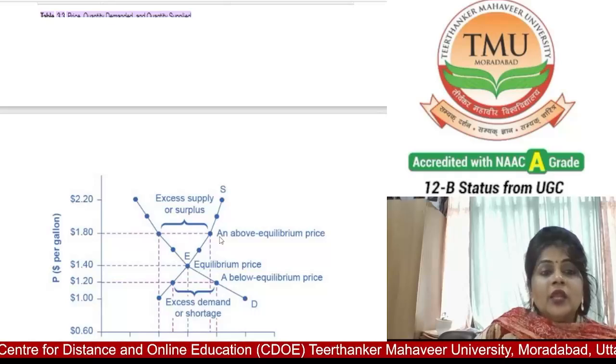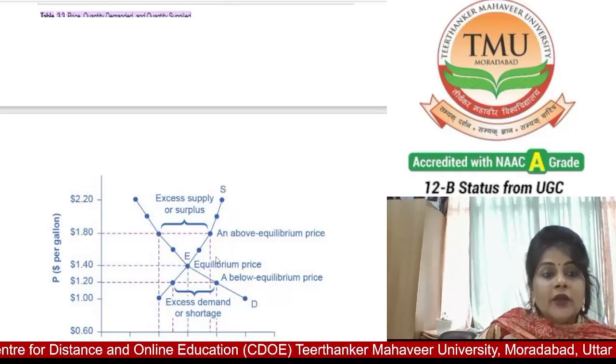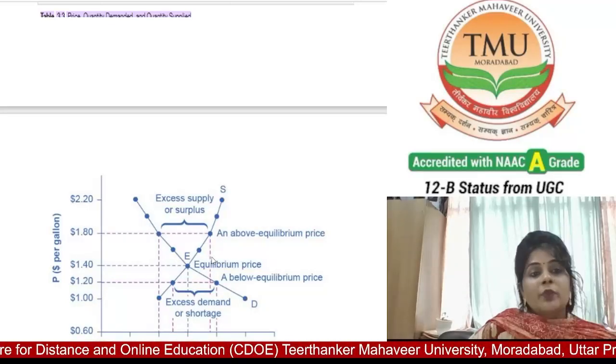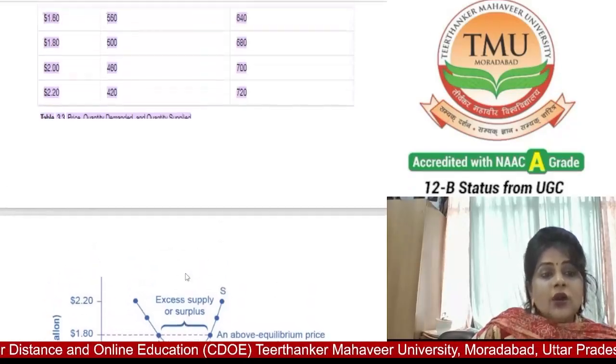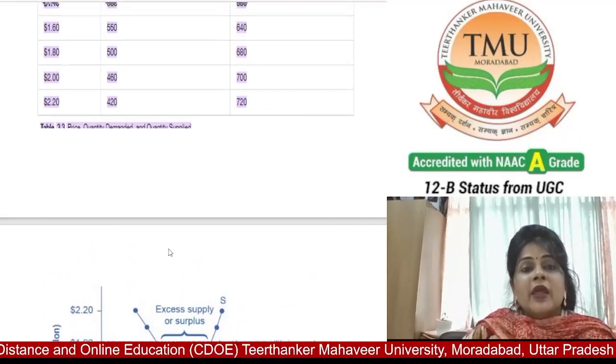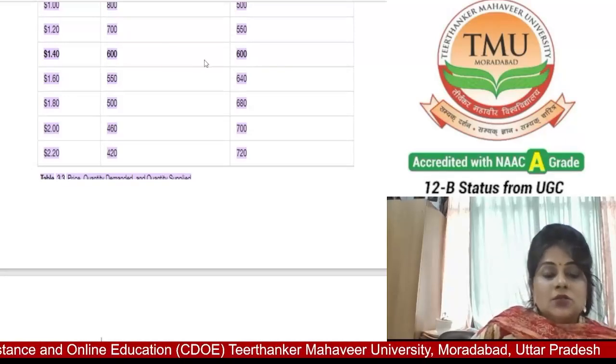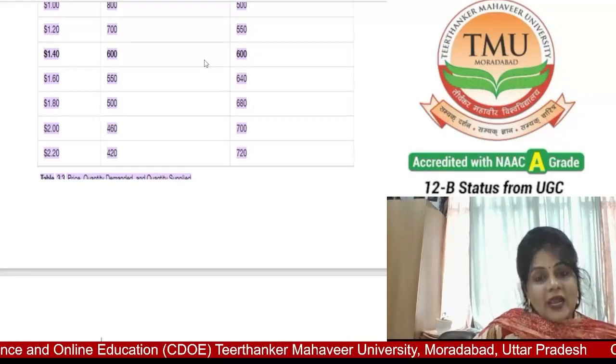If you had only the demand and supply schedule and not the graph, you could find the equilibrium by looking for the price level on the table where the quantity demanded and the quantity supplied are equal. The word equilibrium means balance.